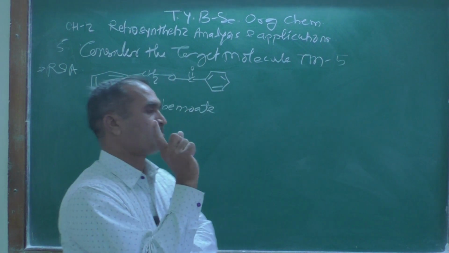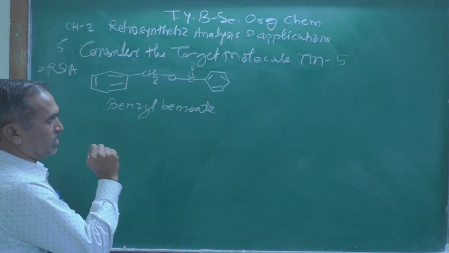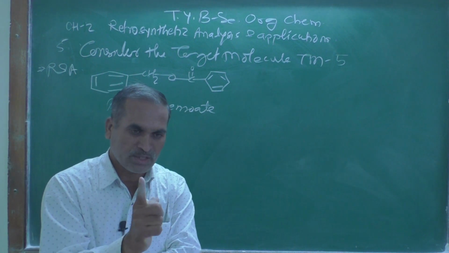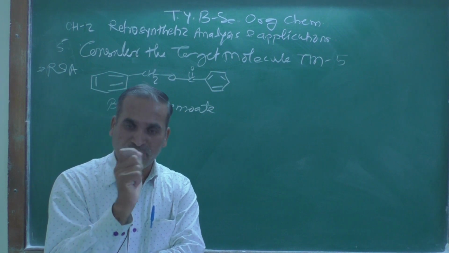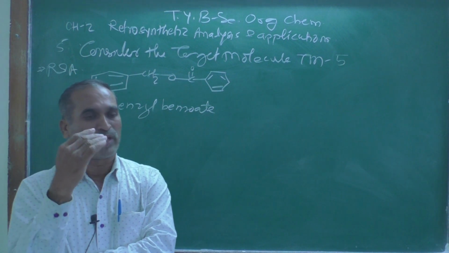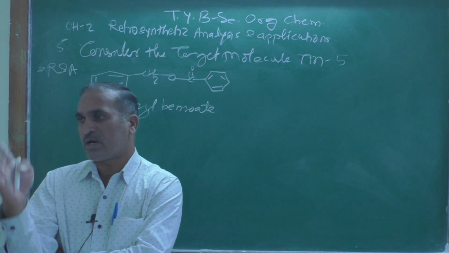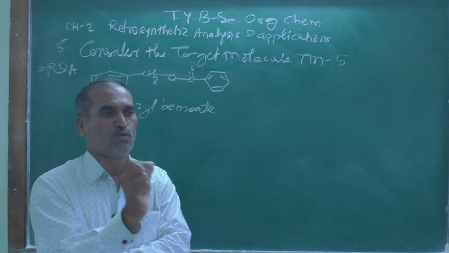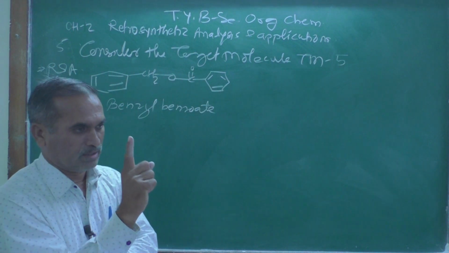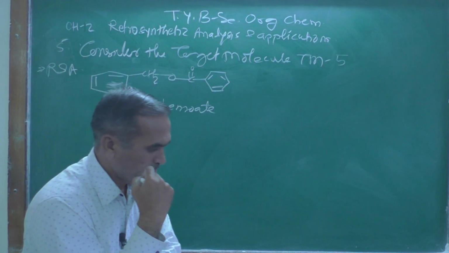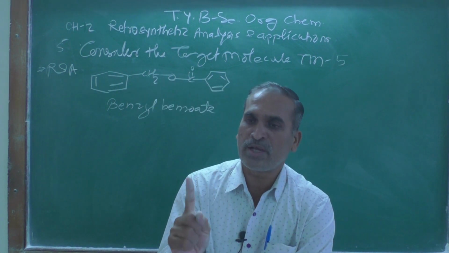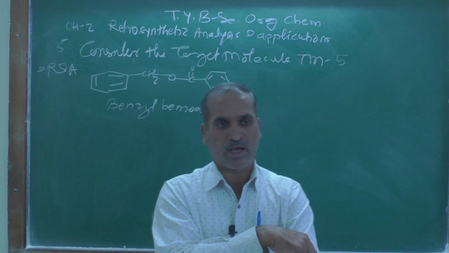If you observe this molecule, benzyl benzoate, carefully, what do you see? Because we are at the T.Y.B.Sc level, we are considering only one group disconnection. So first recognize and identify the functional group in the target molecule.